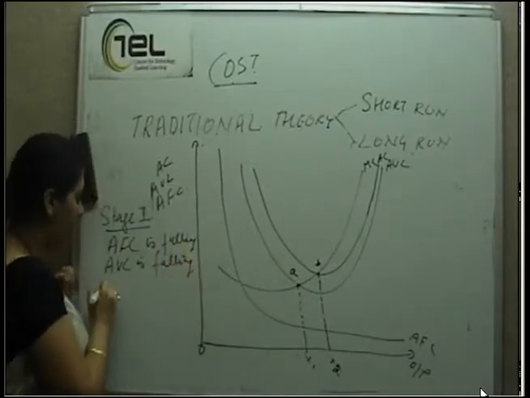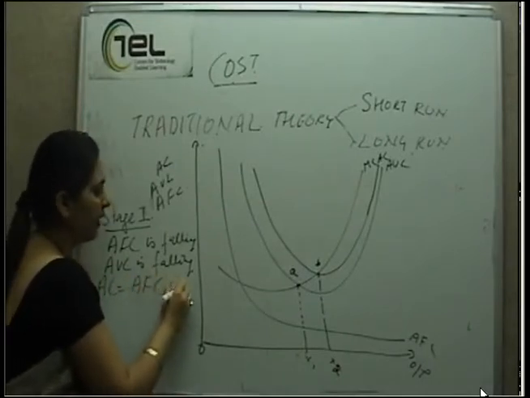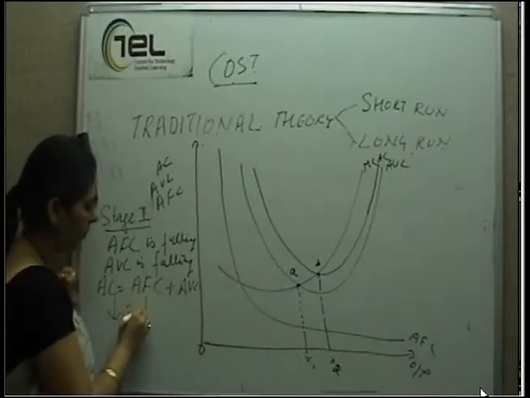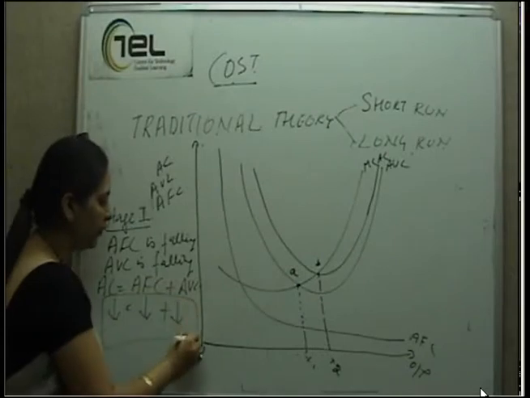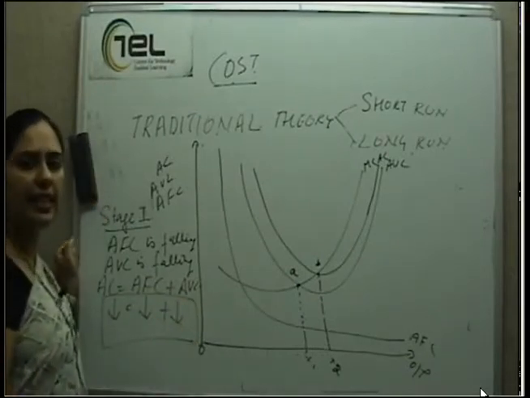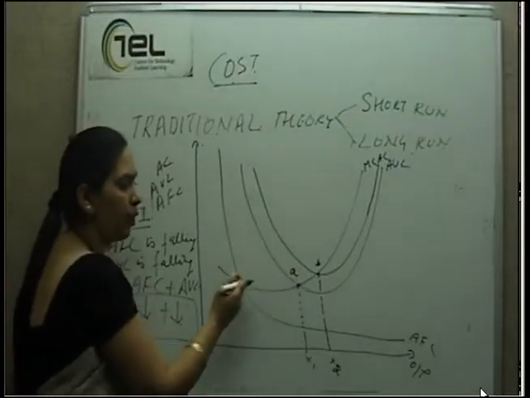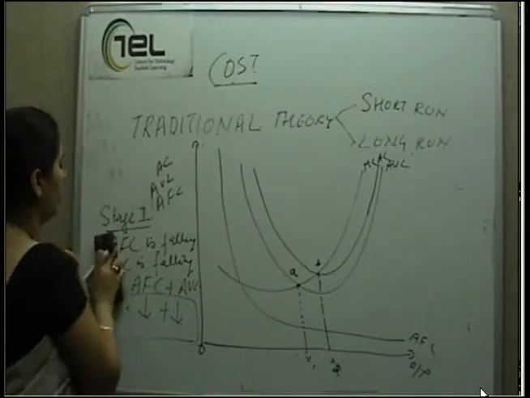Therefore, average cost, which is nothing but AFC plus AVC, also falls. So this is the flow which we see between AC, AVC and AFC in the first stage, that is, towards the left of point A.